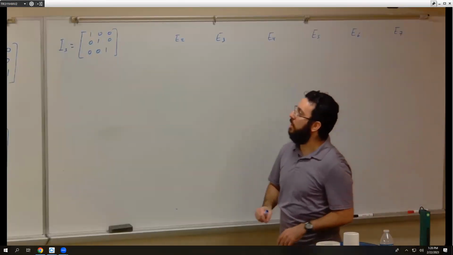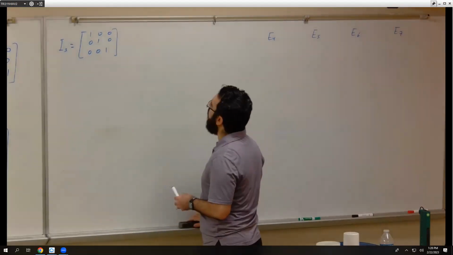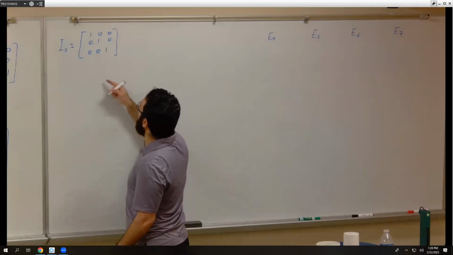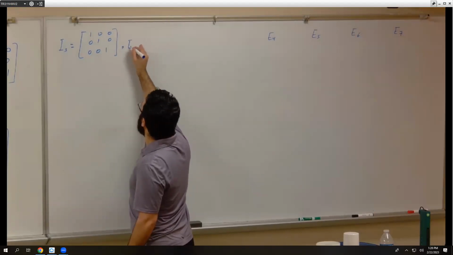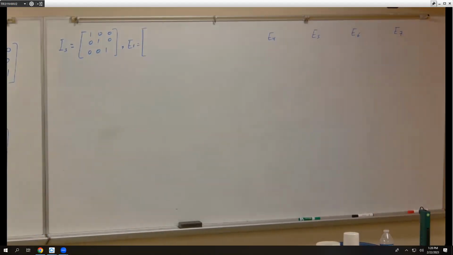So let's look. To find E1, what I'm going to do. Let's go back here to the first operation. What's the first operation here? In which number? On this one, right? We need to convert this number to 0. What do I have here? -2.